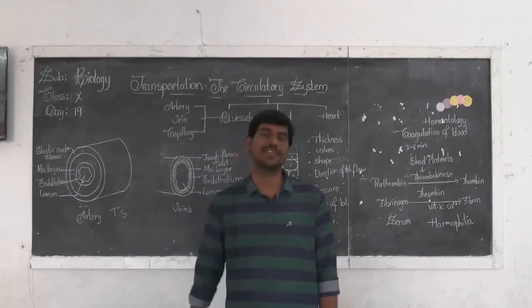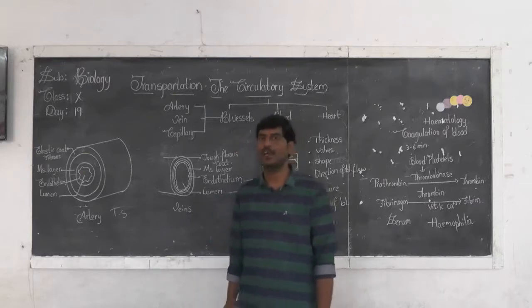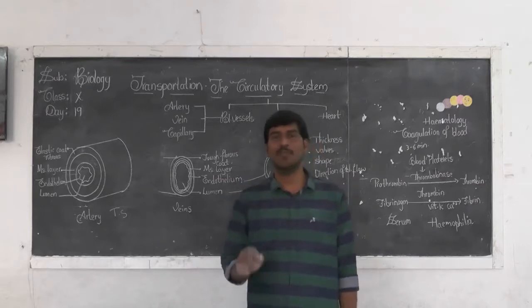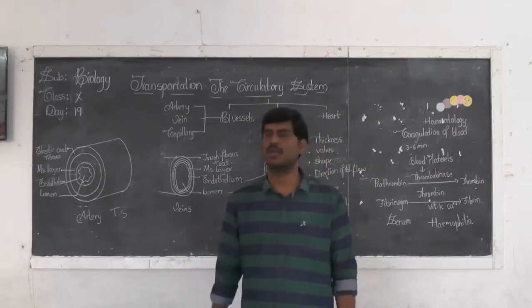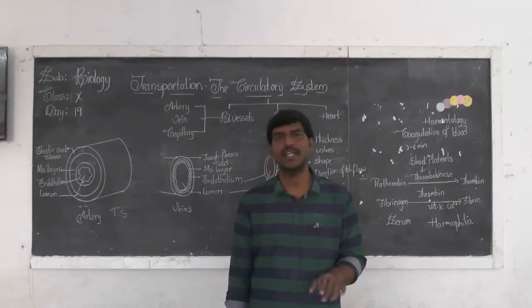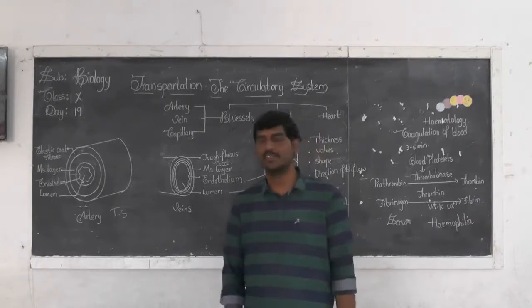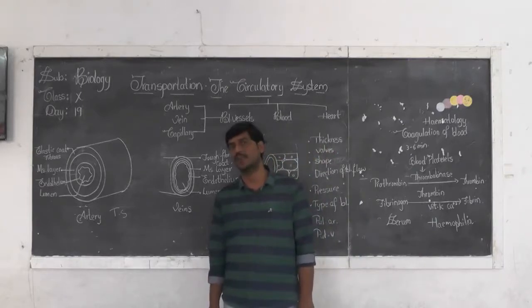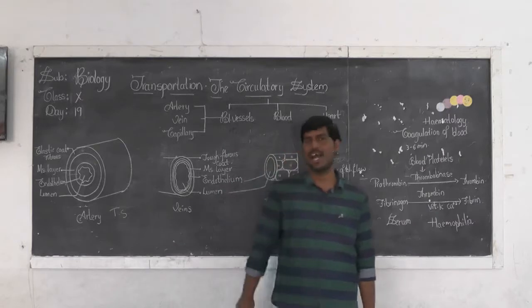This is the definition of arteries. Whether it is oxygenated or deoxygenated blood is secondary. The primary definition is that they carry blood away from the heart.